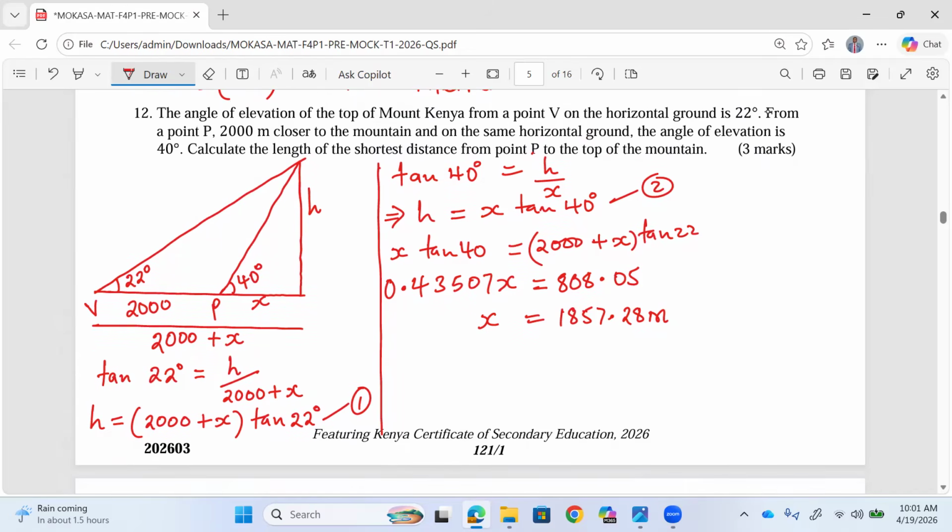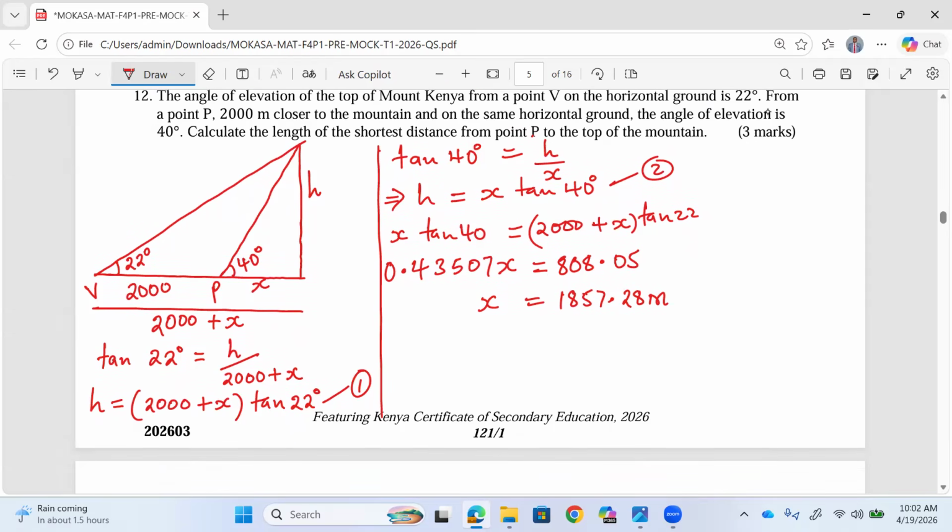Or we can find h and use h together with the angle of 40 and sine. Or we can still apply Pythagoras theorem with x and h. Pythagoras theorem can still work. So allow me now use the earliest opportunity possible, which is cosine of 40.